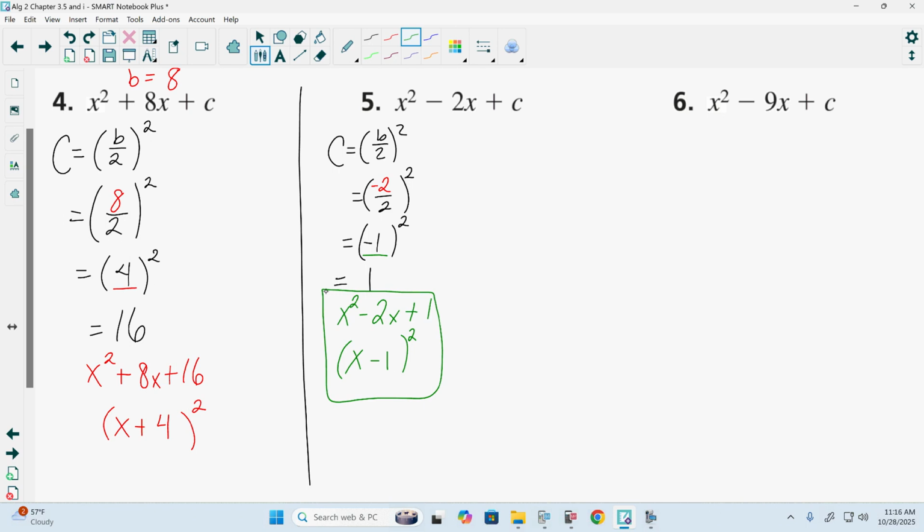Questions on this here? This is really neat that this works this way every single time, no matter the numbers. Especially if we look at 6.